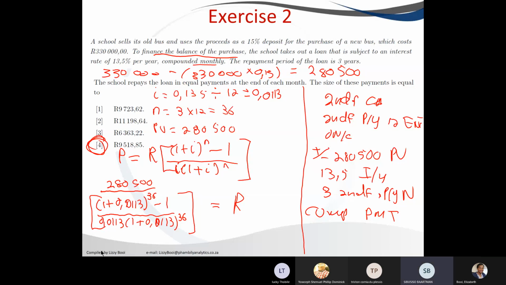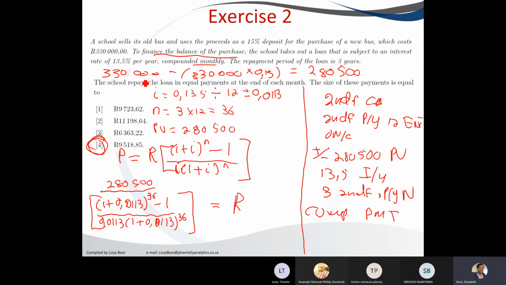Yeah, but it will also work because you are subtracting it after you have done the interest as well. What will work best is to always read the question carefully and do as they tell you, because here they say you are only financing the balance. You're not financing the whole 330 because they paid a 15% deposit.